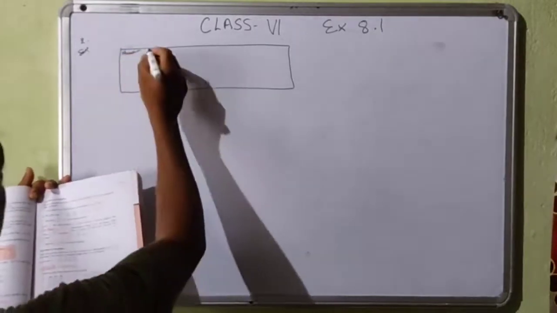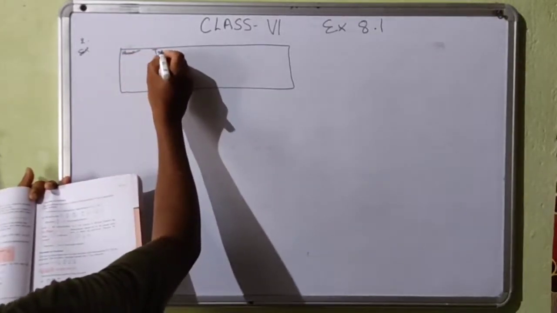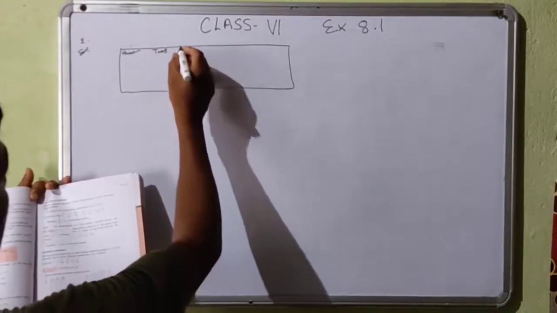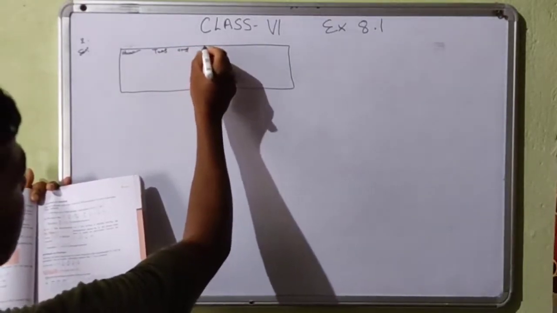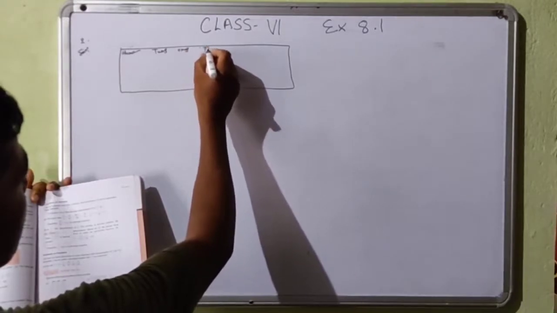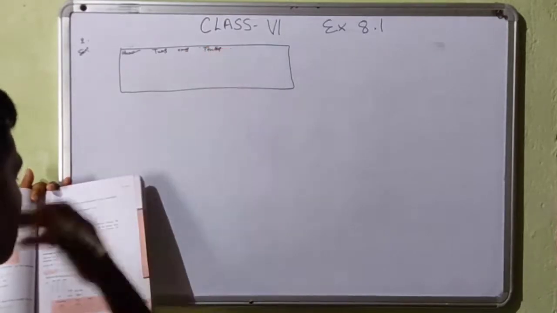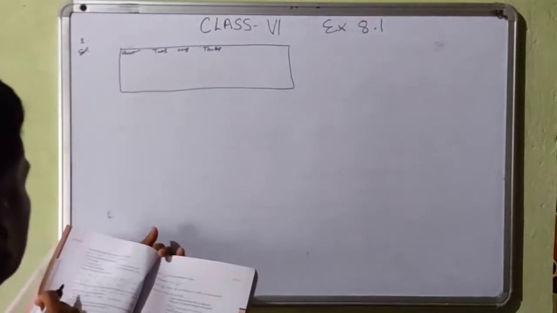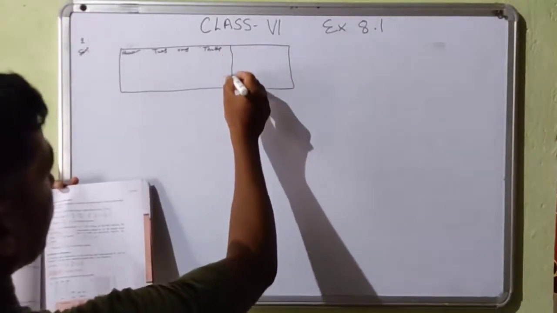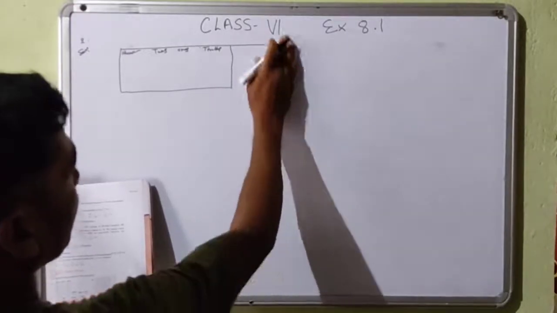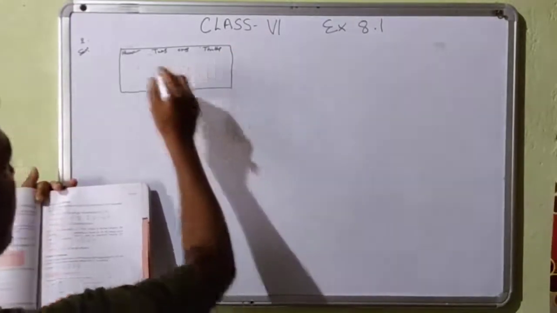You can see the table: tens, and then ones, then tenths. You can see the question, yes, tenth is needed, so that will be closed here, right?